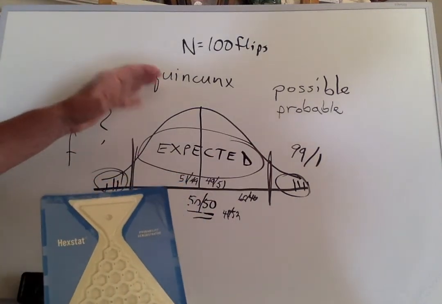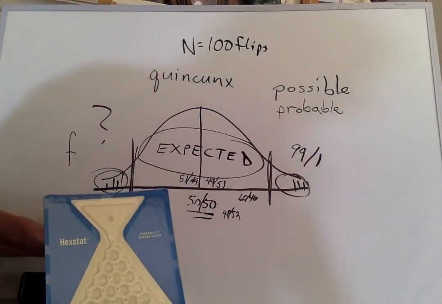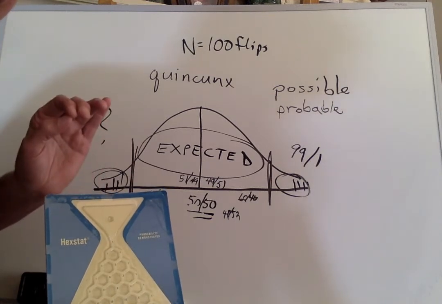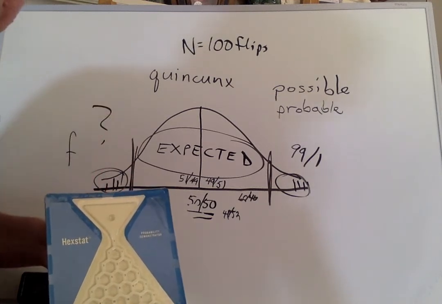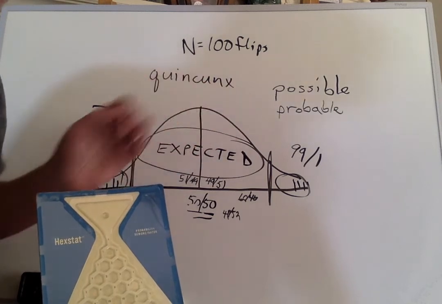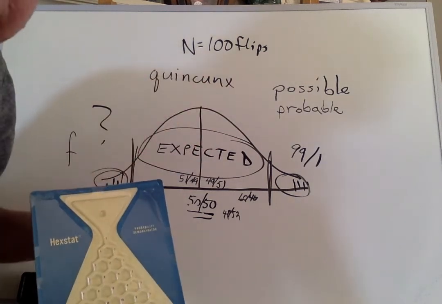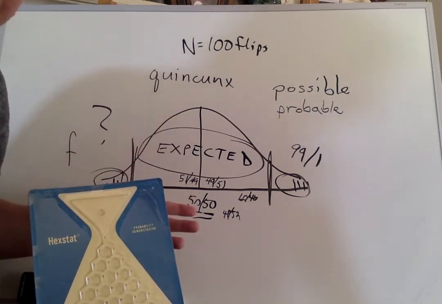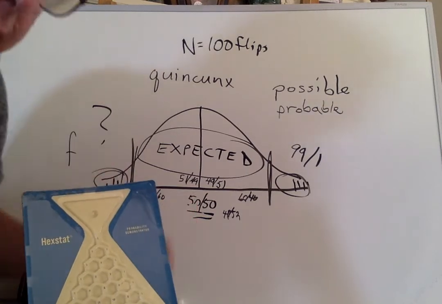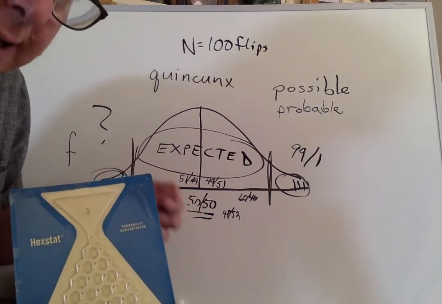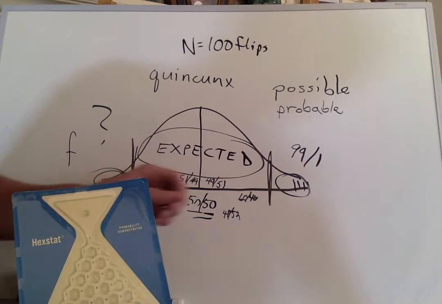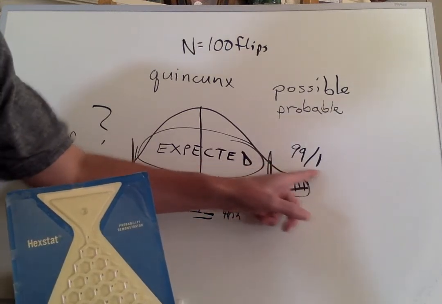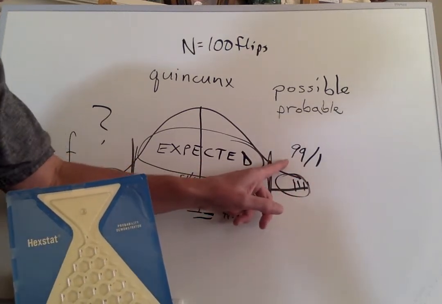Whether it's the Quincunx or flipping a coin or talking about playing cards, we talk about probabilities. We're going to make our bets based on probable outcomes, absolutely acknowledging that it's possible to flip a fair coin and get 99 heads and 1 tail.